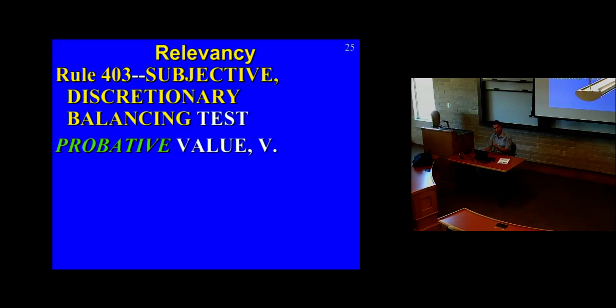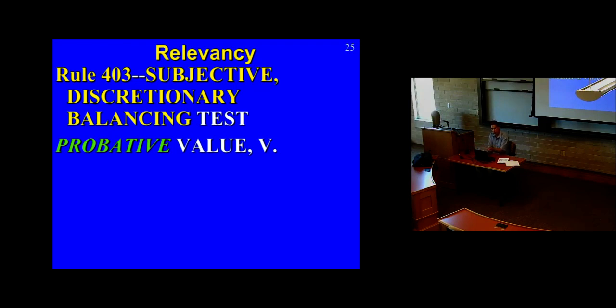The judge makes this balancing test and determines whether something is going to be admissible. Now, what's the first thing that the judge takes into account? Whether or not there is relevant evidence, and you can think of relevant evidence as, hey, if it's legally and logically relevant, it is a brick in the wall. If it's a brick in the wall, it has some weight. Weight is the probative value of the evidence.